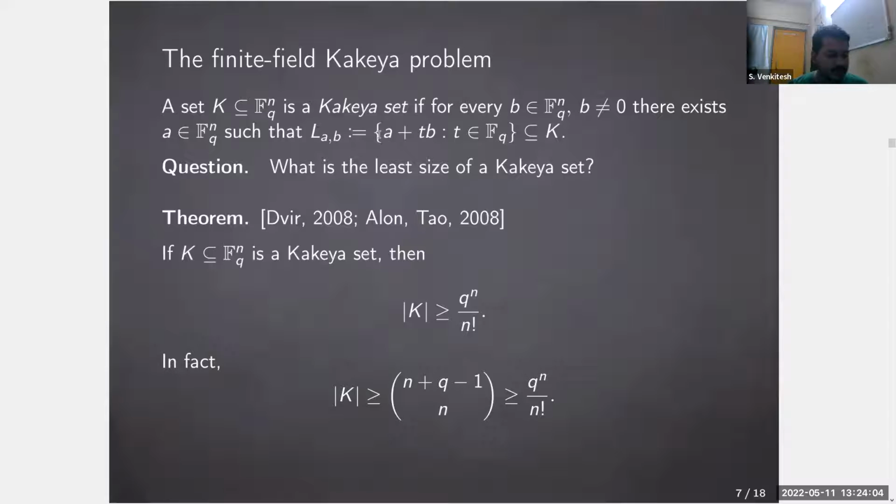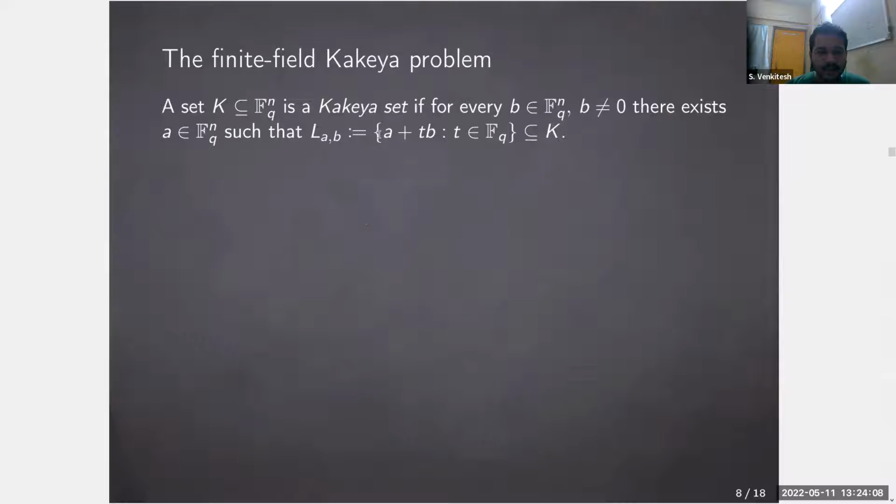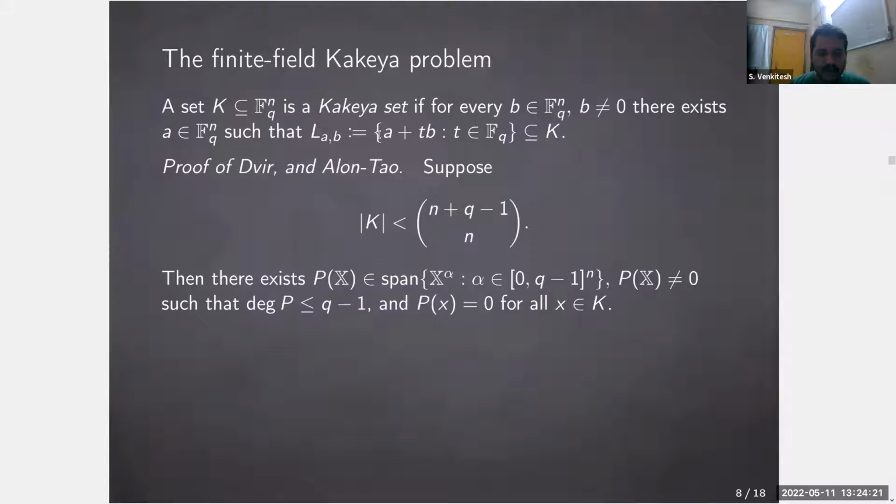And how does the polynomial method proof go through? This is a proof via a simple application of the combinatorial Nullstellensatz. And then I'll elaborate on how the multiplicities help us get a better bound. So what did Dvir and Alon and Tao show? Suppose the size is much less than this.